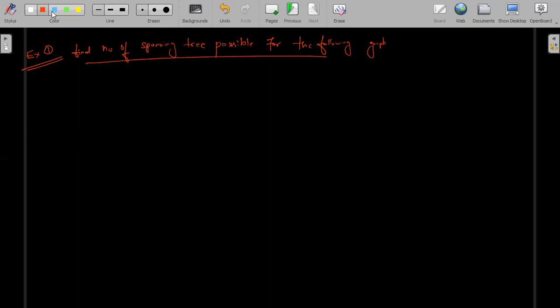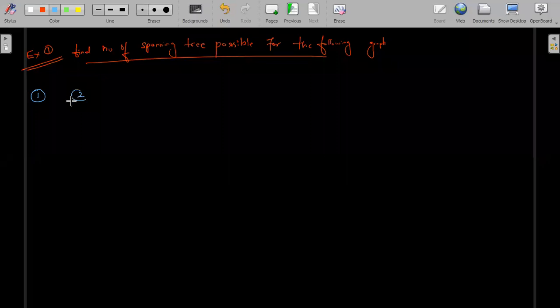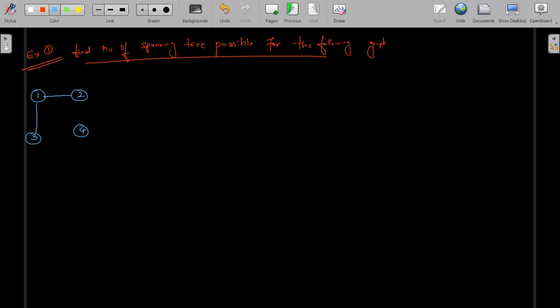Let's take a graph. The graph is like this: 1, 2, 3, and 4. 1 to 2, again 3 to 4, like this.